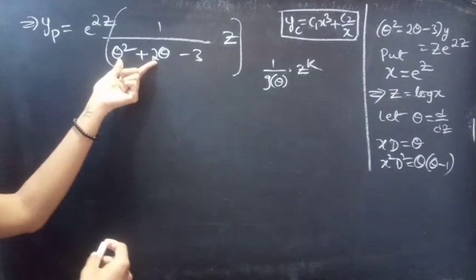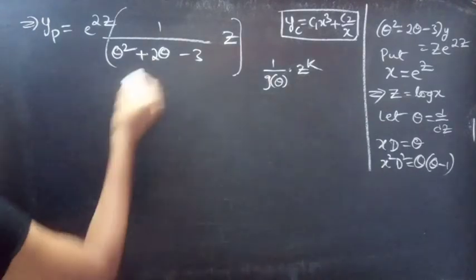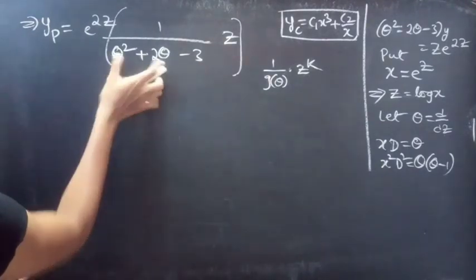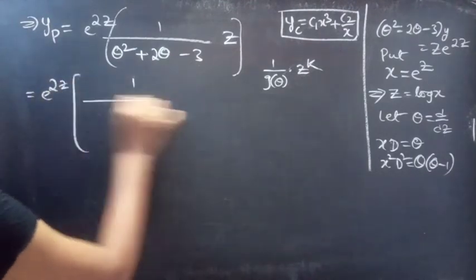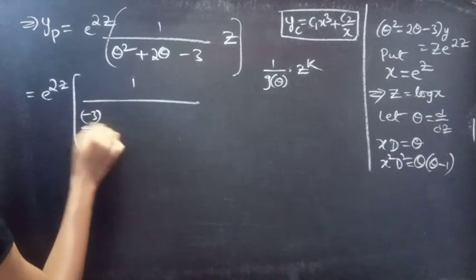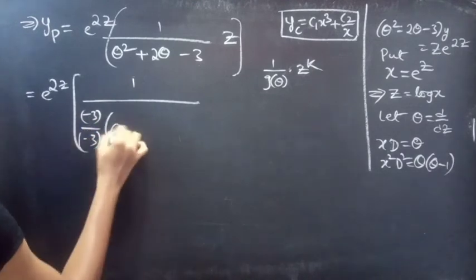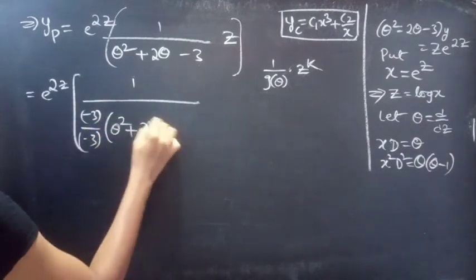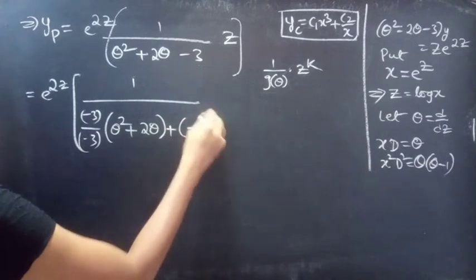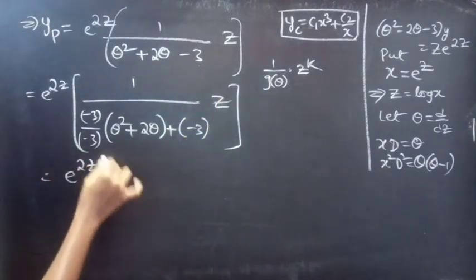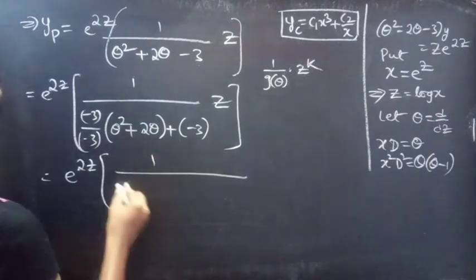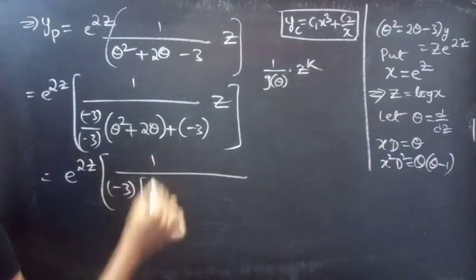But in the first term, we don't have any minus 3, so we'll just multiply and divide by minus 3 for these two terms. So it will be easy to take common in the next step. Take minus 3 common from the two terms of the denominator.